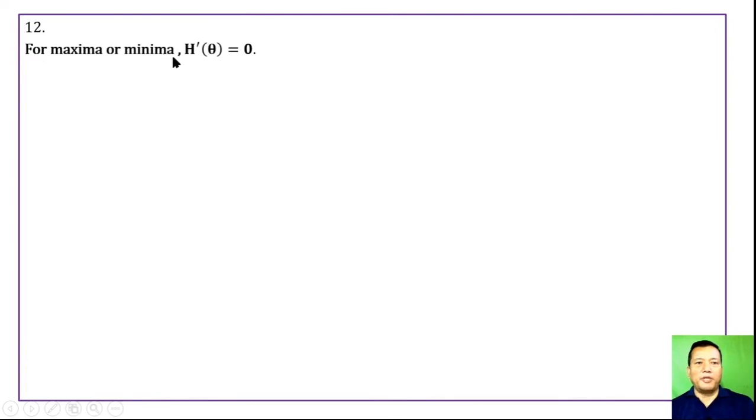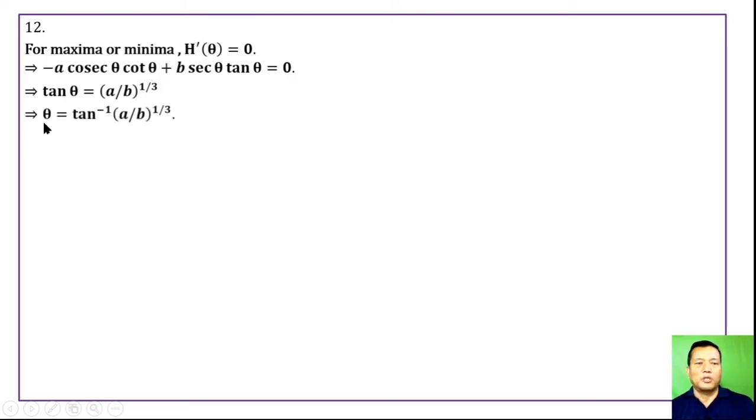For maxima or minima, l dash of theta equal to 0 gives this expression equal to 0. Then solving, tan theta equal to (a by b) whole to the power 1 by 3. That is, theta equal to tan inverse of (a by b) to the power 1 by 3.